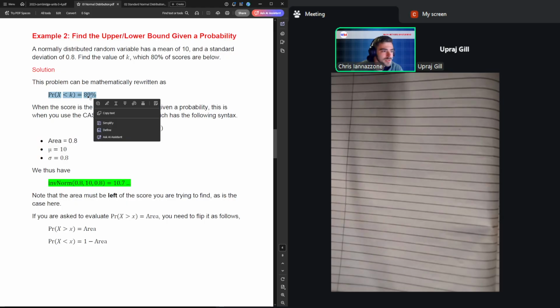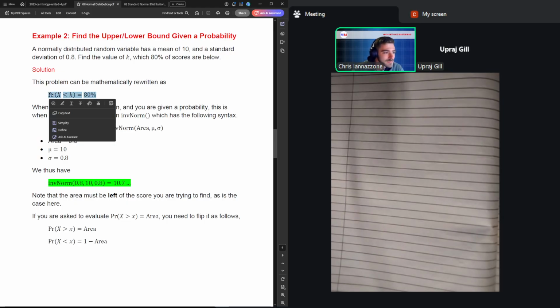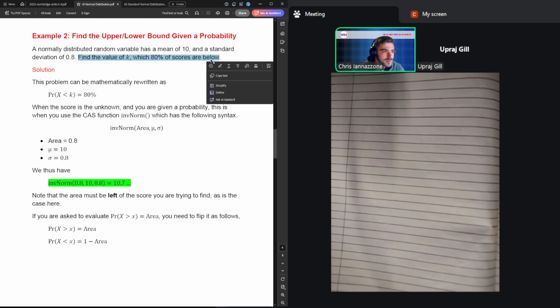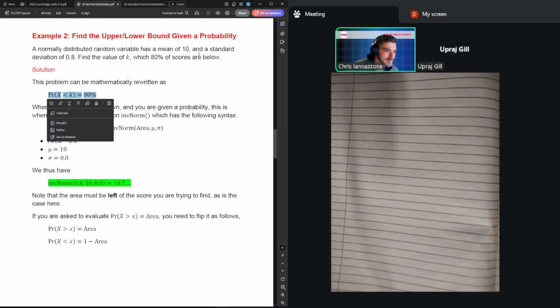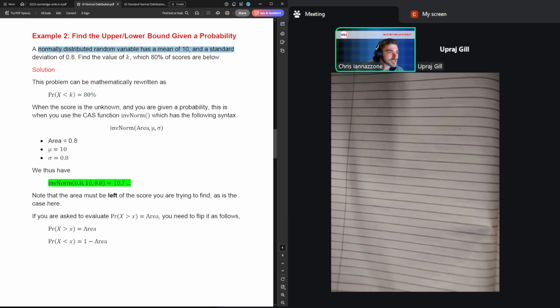You take the words and then write something like this before you go any further. The key information here is going to be the actual action statement. Find the value of k for which 80% of scores are below. Cool. This is what that looks like, mathematically speaking. The background information then helps us get there. So, fair enough on how we created this?